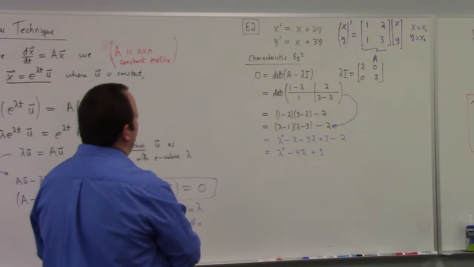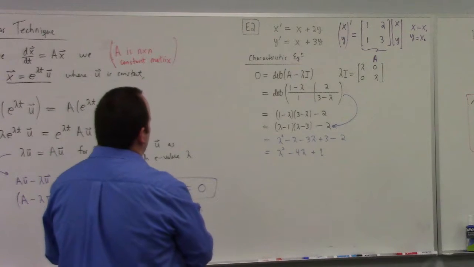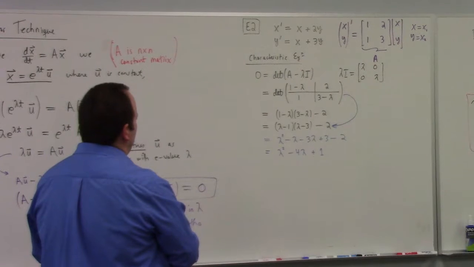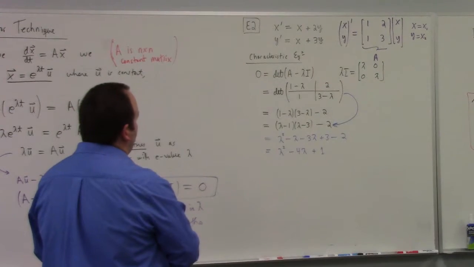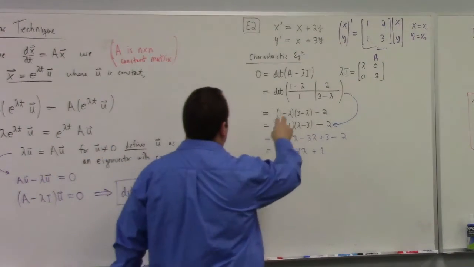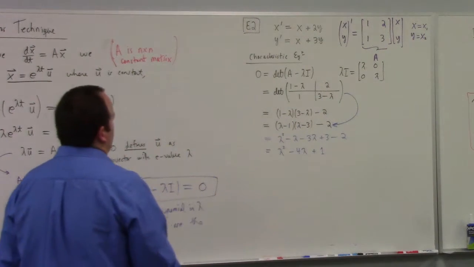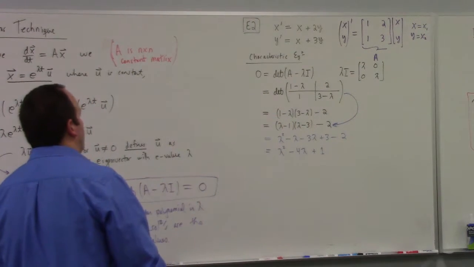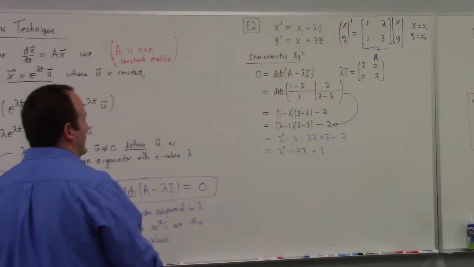I think I did something wrong. Oh, wait a minute. No, that's a minus 2, because it's this times that minus that times that. Phooey. It's my fault. It's not wrong, it's just not pretty.